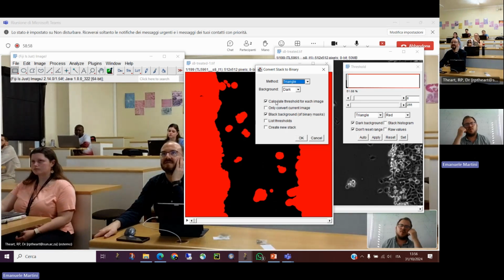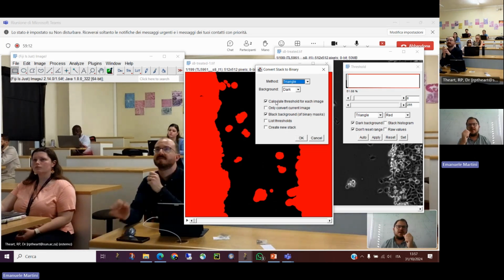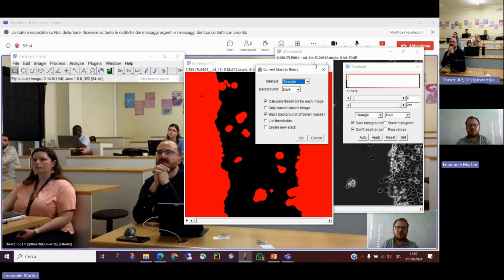It's asking you if you want to calculate the threshold for each image. First of all, we have to understand what the option is. It's asking you if it needs to calculate the triangle method frame by frame.